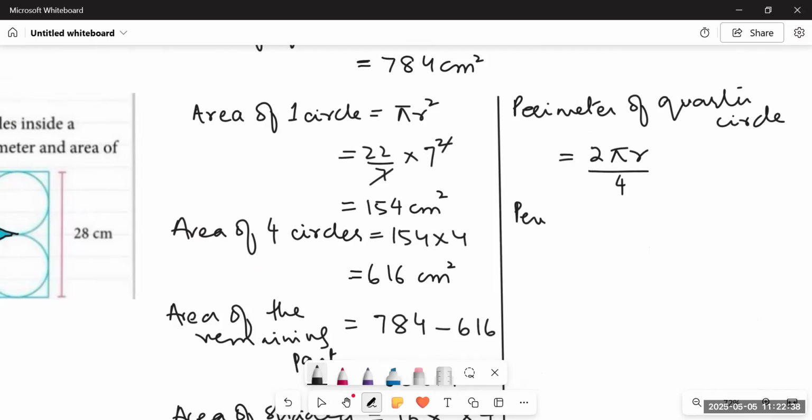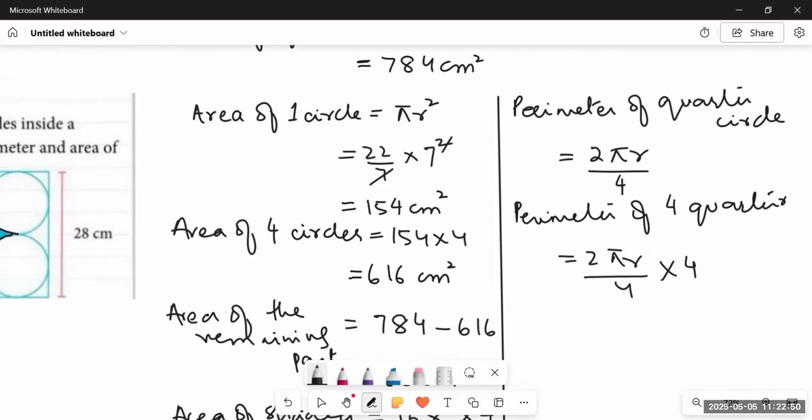So perimeter of 4 quarters would be multiplied by 4. 2 pi r upon 4 multiplied by 4. So this 4 will cut this 4 and we are left with 2 multiplied by 22 upon 7 multiplied by 7. 7 will cut the 7 and 2 into 22 is equal to 44 centimeters. So this would be the perimeter.